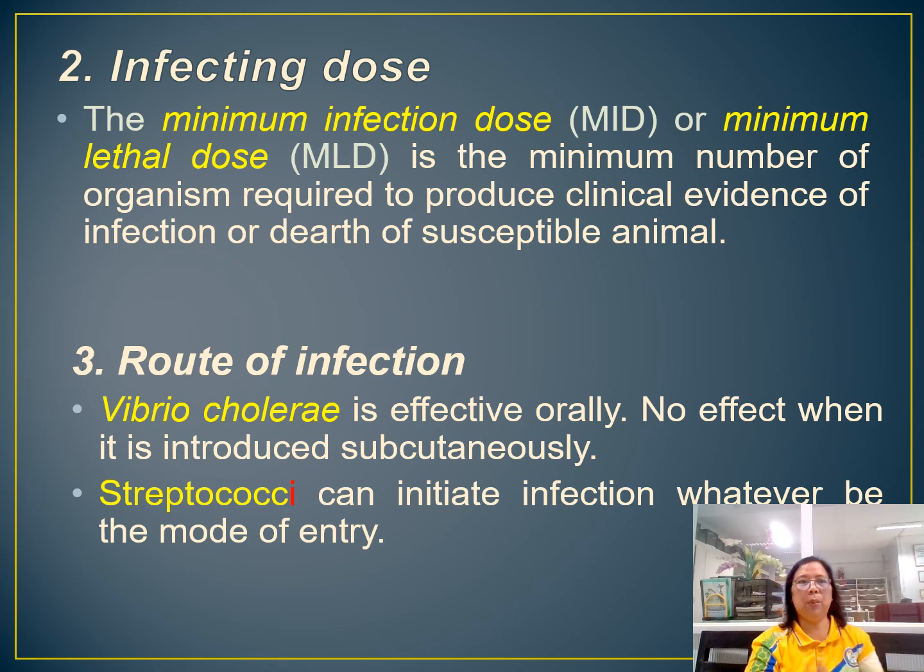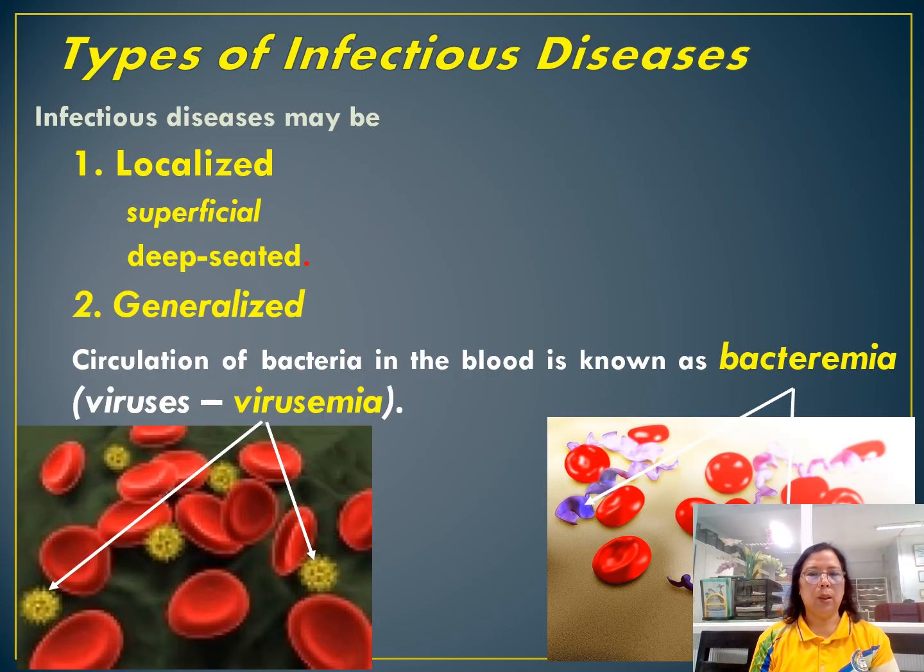Another thing to consider in infection is the type of infectious diseases, whether it is localized or generalized. So I think you can claim that if it is localized, it is just simply easier to treat the disease because you are only dealing with a specific site and of course a specific kind of tissue also.